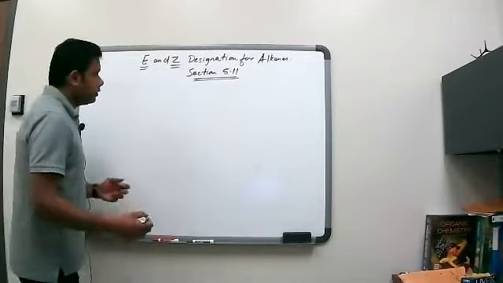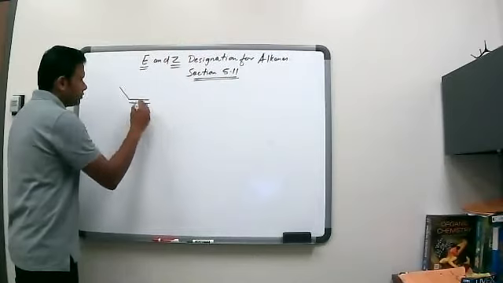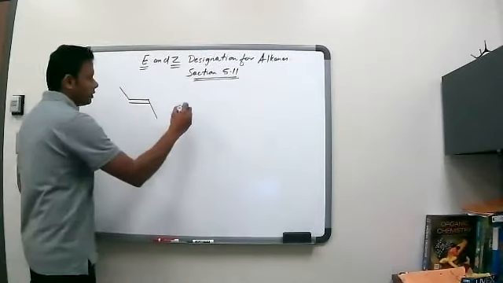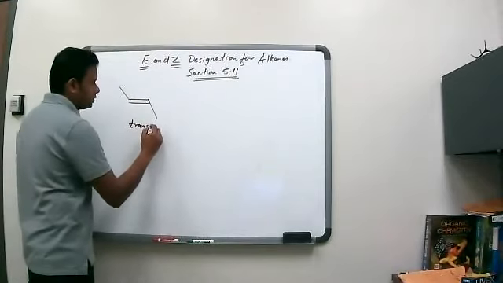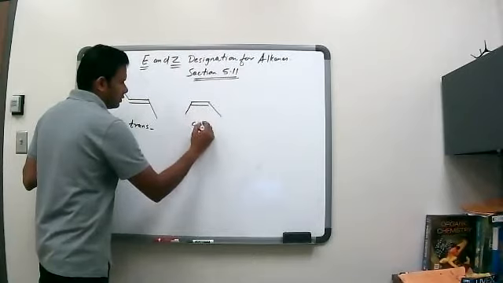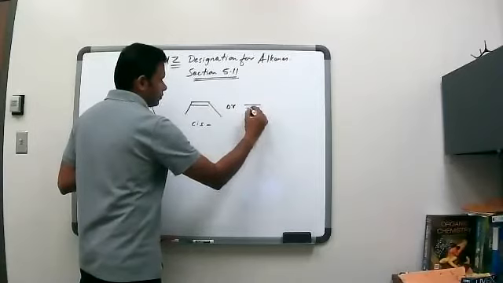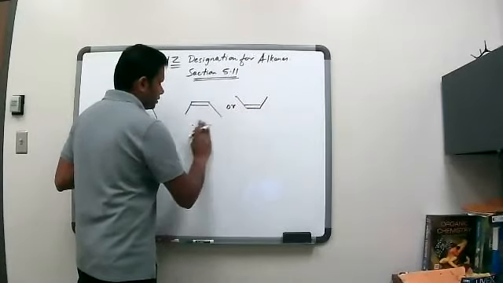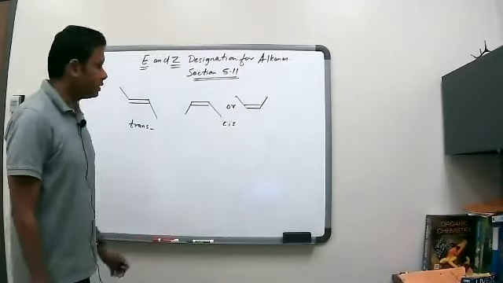Okay, now for alkenes, what we've done so far is we've already talked about trans and cis alkenes. It could be this or that, it doesn't matter which one. We've talked about trans versus cis alkenes.